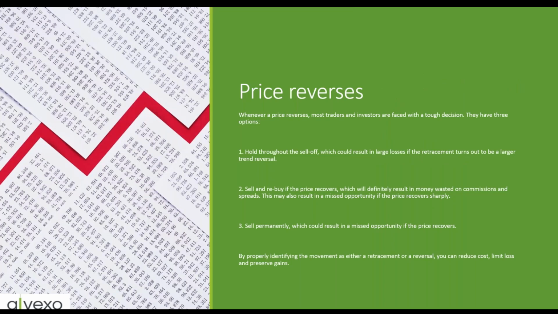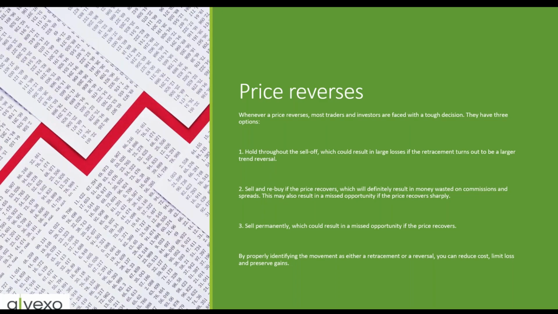But the fact remains, you only have 3 choices anyway. Whenever a price reverses, most traders and investors are faced with a tough decision. You have 3 options. Now, this is if you're in the market. If you're not in the market, you're sitting on the side, it doesn't really make a difference unless you're ready to enter the market. So one will help you decide when to enter the market.